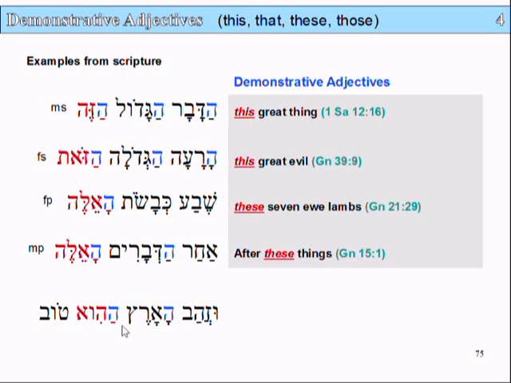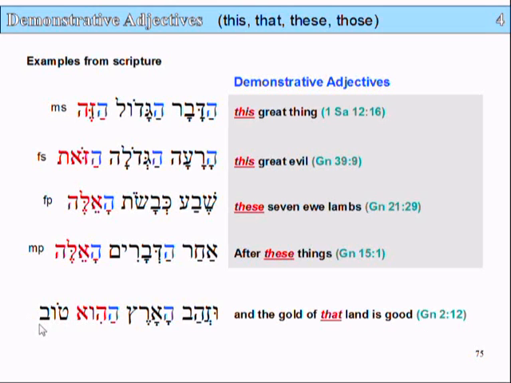So the word here, hi, means she, and it also means that. If you go back to the previous few slides, you'll see that hi can mean she, but it can also mean that when we're talking about something. So when we translate this into English, we don't say the land she, we say the land that. So this is translated, and the gold, uzahav, of the land, haaretz, the word of is implied, the land that, hahi, is good, tov.